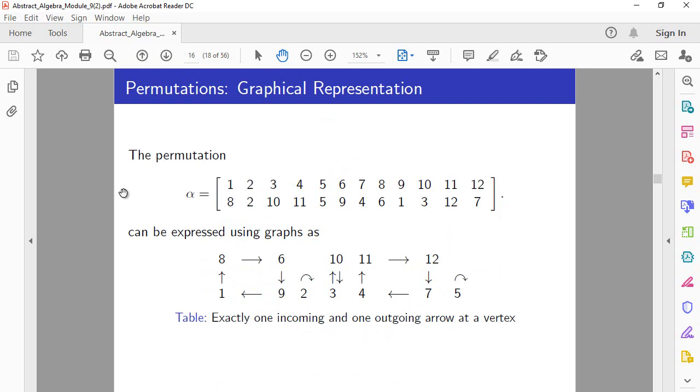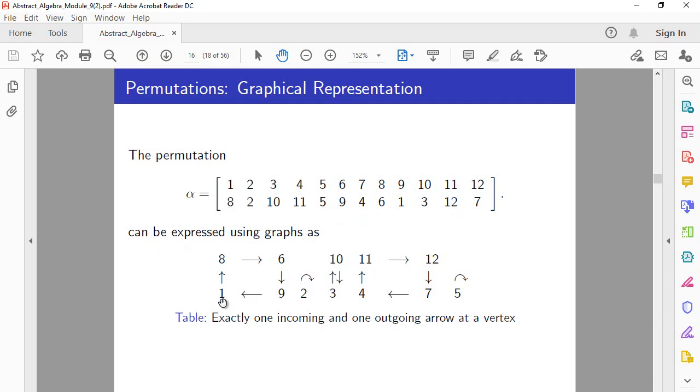Now, if we have a permutation alpha, we can express that by using graphs in the following way. So here's a permutation alpha on the set of integers 1 up to 12. So we're going to make a graph like this. I'm going to start with 1.